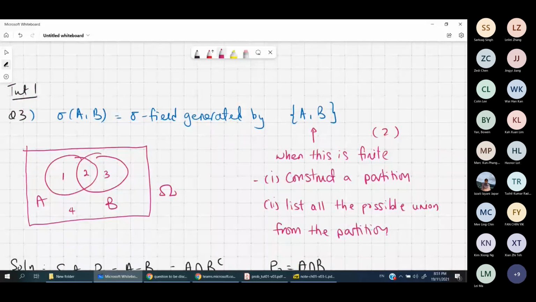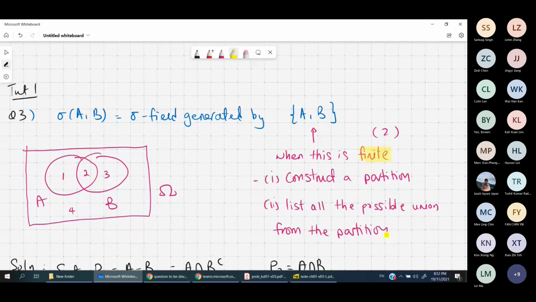In particular, when our subclass is a finite class, which means the number of elements here is finite, we can construct a partition by using it. Look at here. For A and B, because we don't know whether they have intersections or not, we assume they do, so then we have 4.